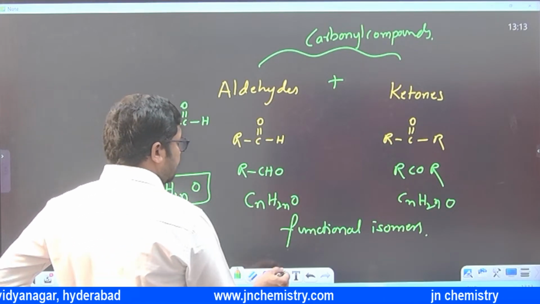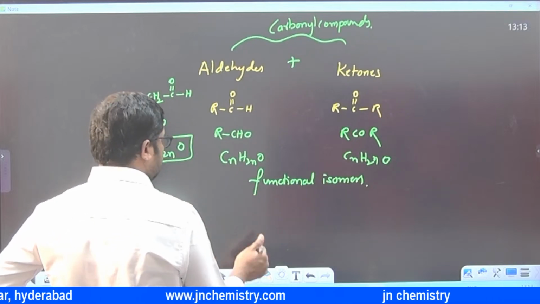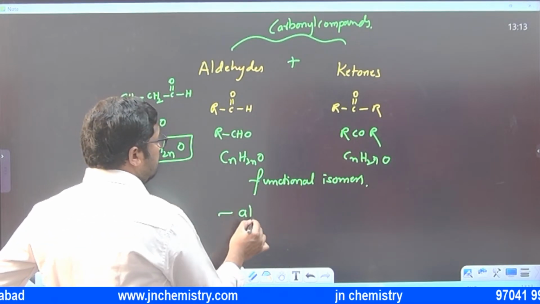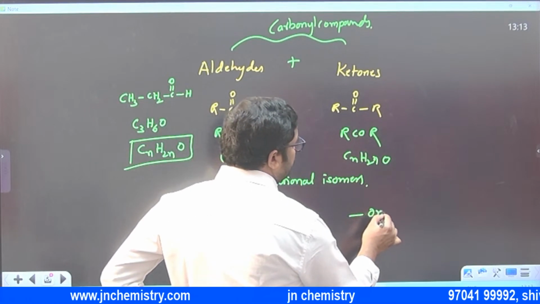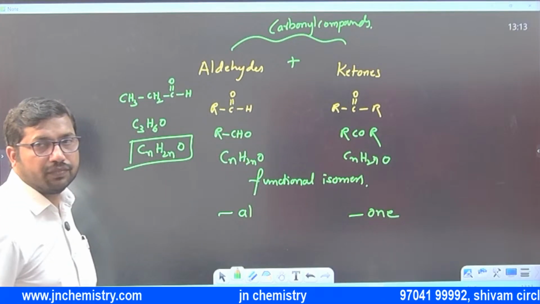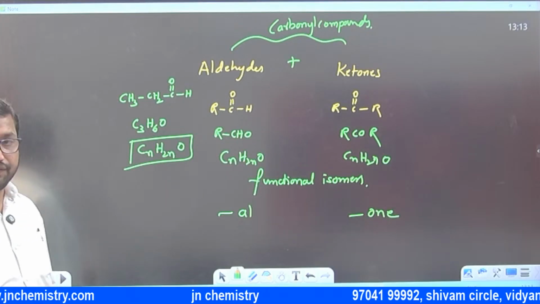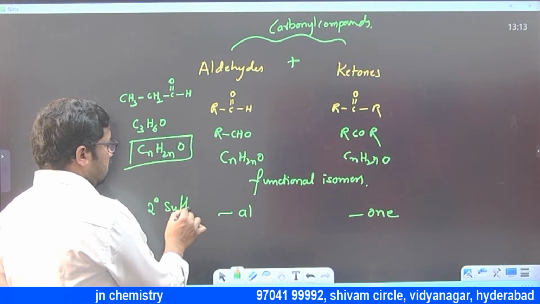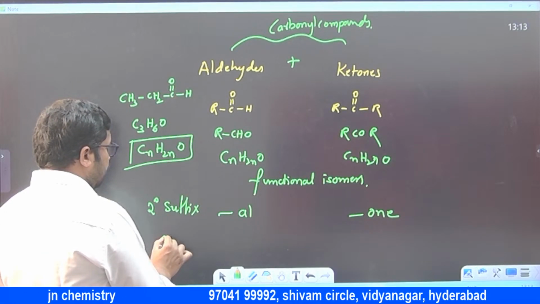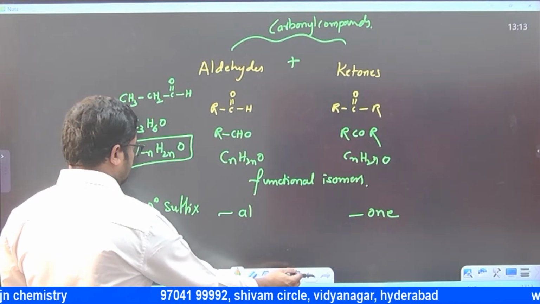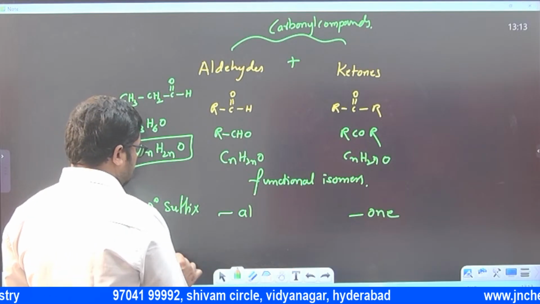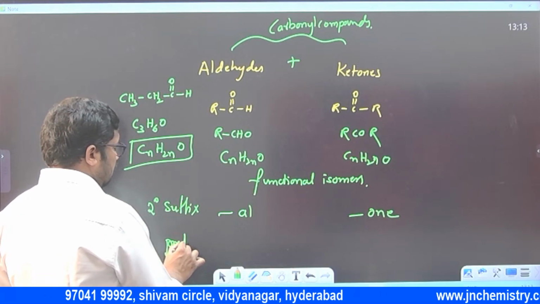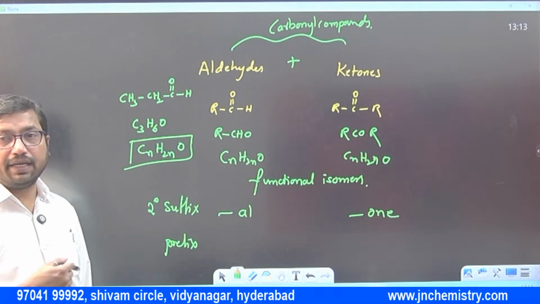For aldehydes, we need to use secondary suffix is al. For ketones, one. Whenever it's coming as a prefix, this is secondary suffix now. When I am speaking about the prefix, so means higher priority groups are coming.